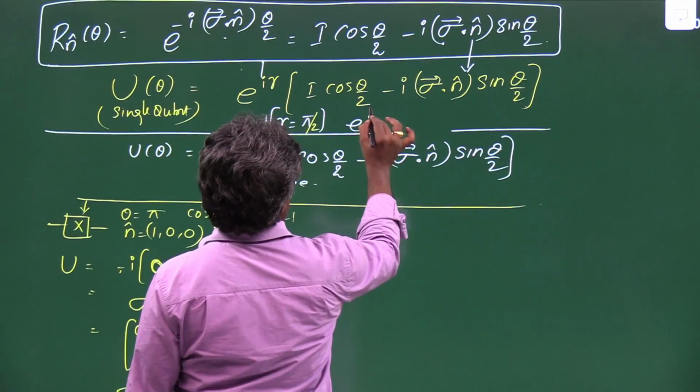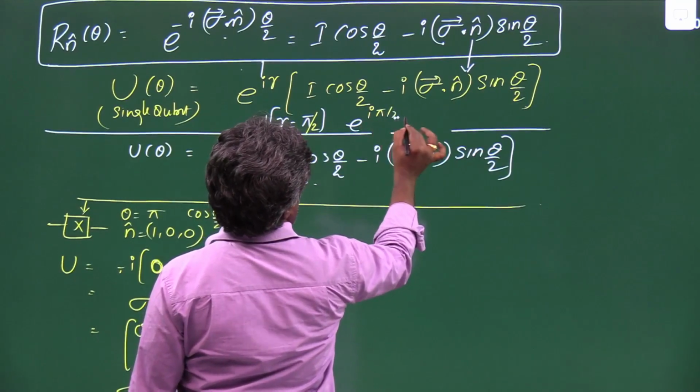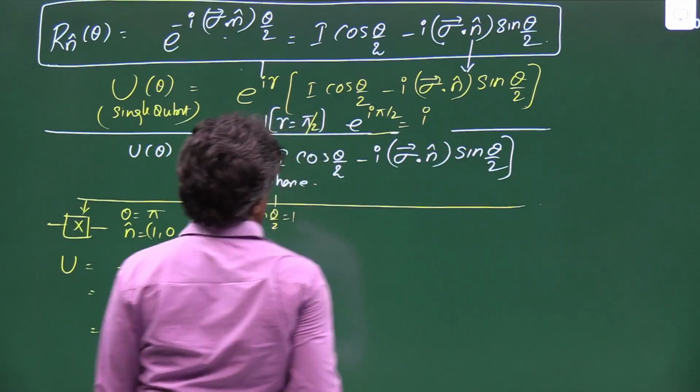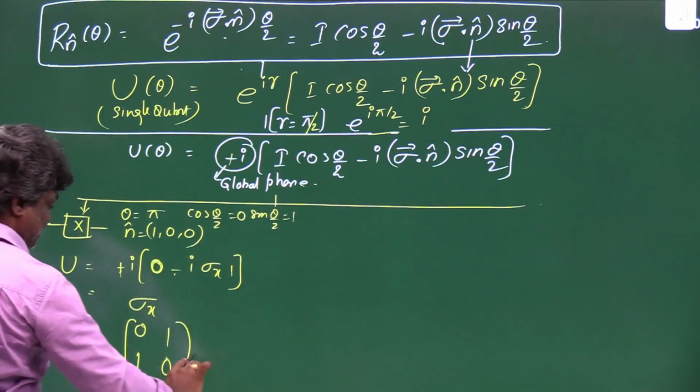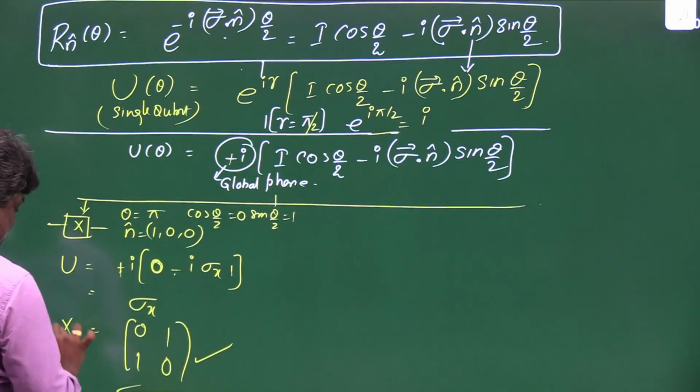Gamma equal to pi by 2. E raised to i pi by 2 equals iota. This is the X.